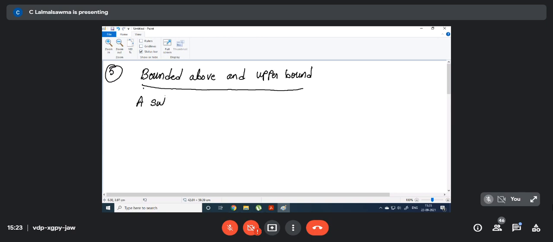A subset S of real number. Here, a subset S of real number means that S will only contain real numbers, and it cannot contain any number other than real numbers. Other numbers than real numbers are complex numbers and imaginary numbers.